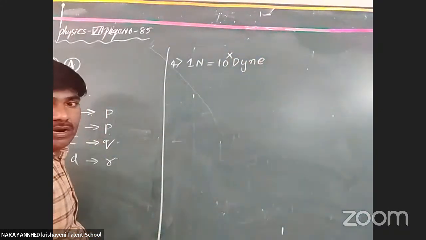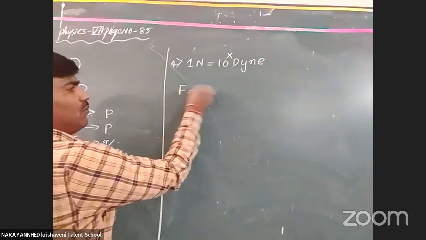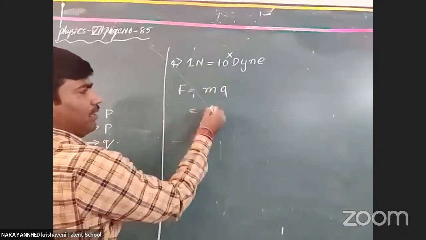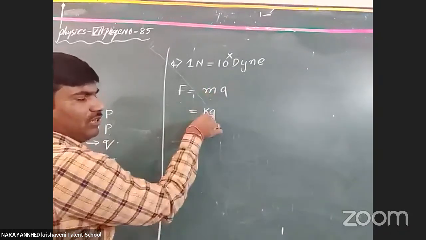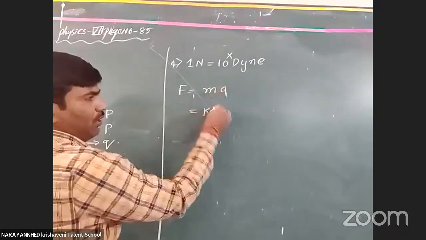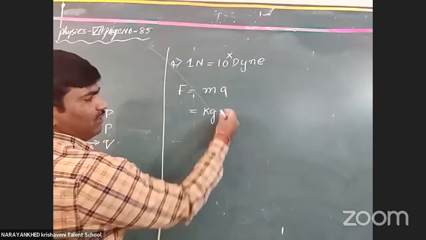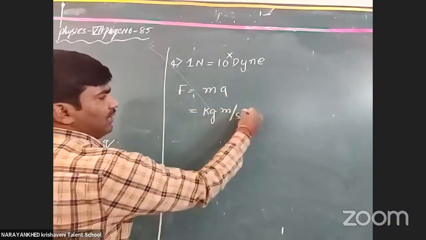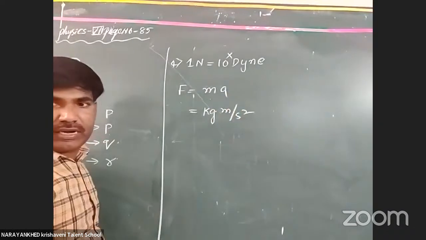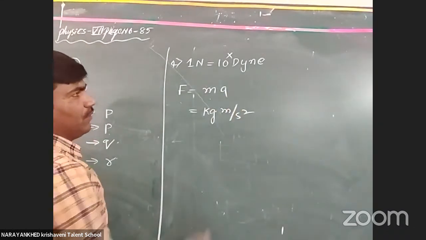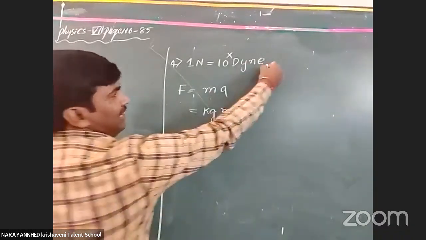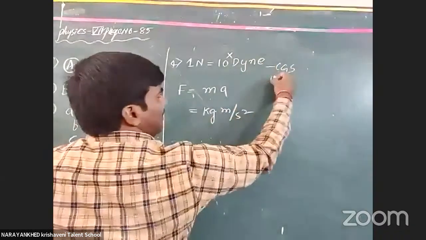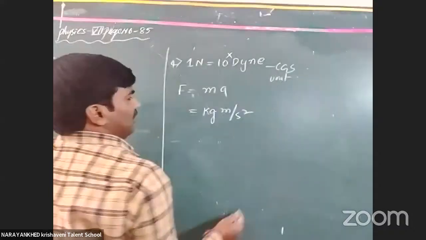Clear or not? Actually, force is equal to what we wrote: ma. Based on this, what are the units? Mass units are kgs. The units of acceleration we have taken are meter per second square. Got it or not? This is what we considered. Dyne is the CGS system unit for force.